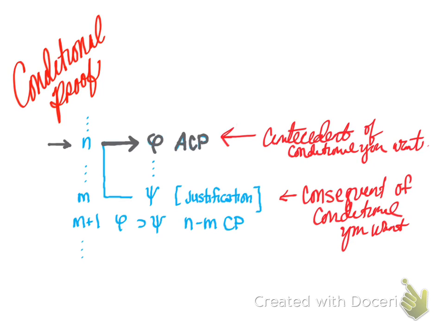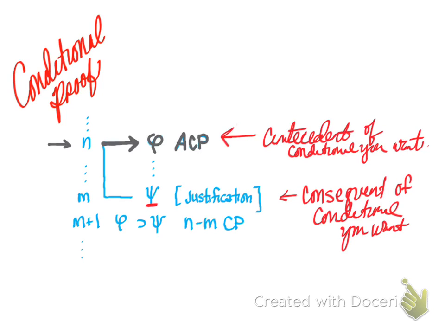Okay, so whatever you end up with on the last line here, you'll have to justify it, and that'll be different in every proof. Once you are able to get the consequent of the conditional you want on the last line of a proof, that's when you close it off and you make it the last line.